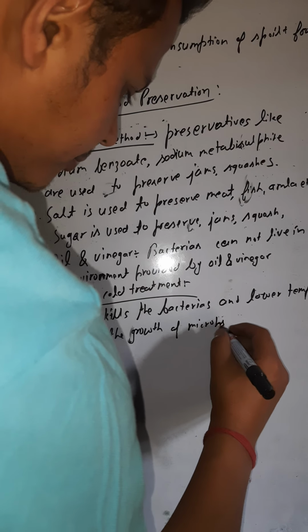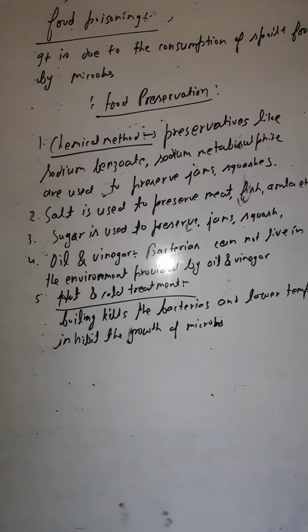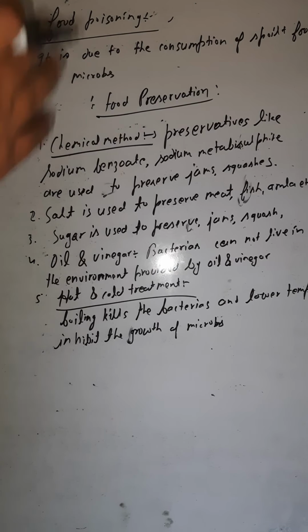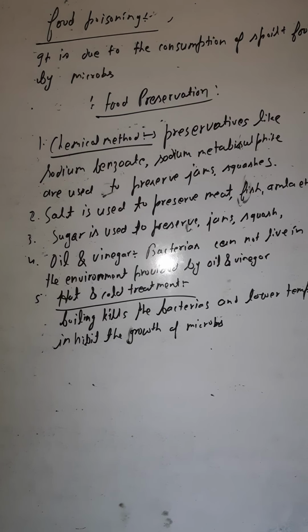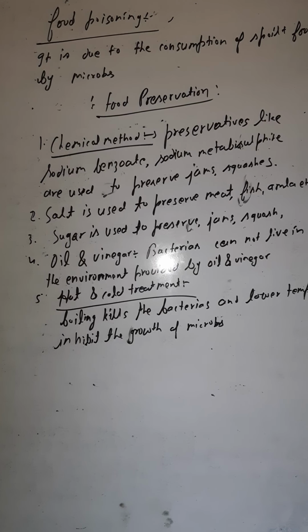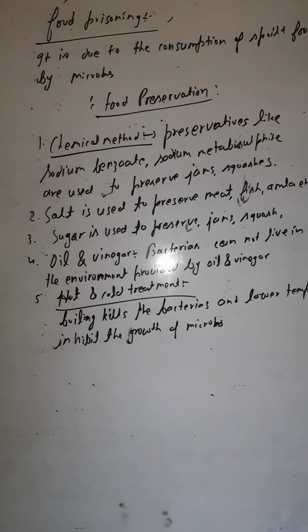There are some microbes which need a proper temperature for their growth. But if you lower the temperature, the bacteria cannot thrive in such an environment. So this is how hot and cold treatment is also useful, and it is used as a technique of preservation.